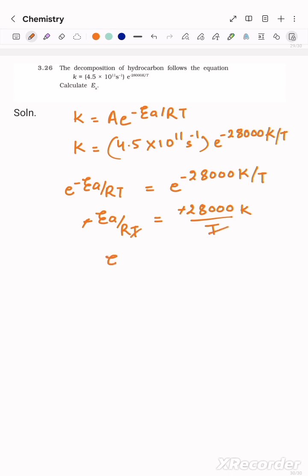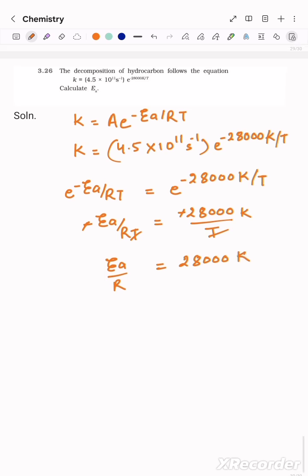What is remaining? Ea by R is equal to 28,000 K. Now here we can write Ea is equal to, moving this to the right side, 28,000 K multiplied by R.